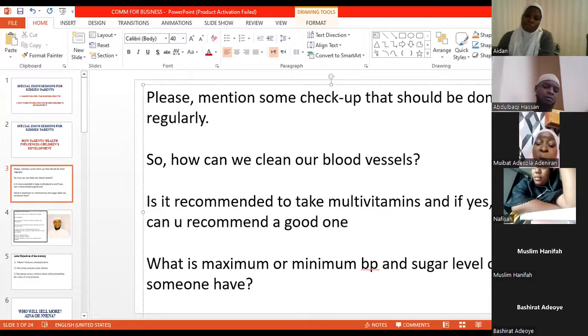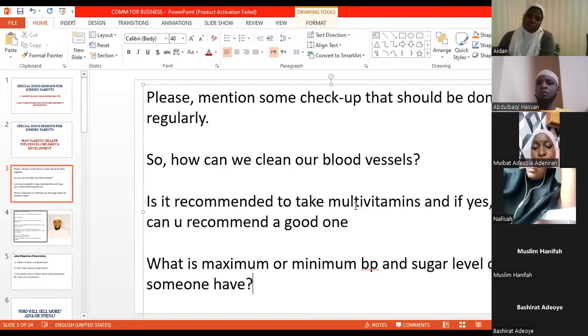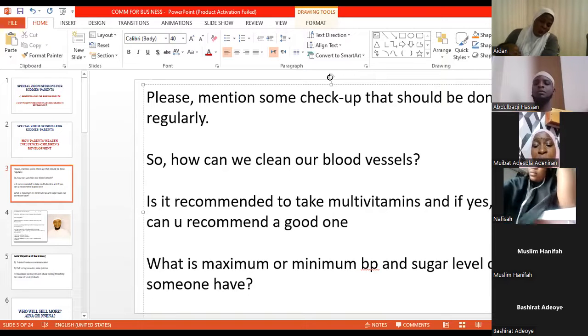Younger people have lower blood pressure than the older people. But the minimum is like 90/60, it's usually two values. The upper, which is the systolic, and the lower, which is the diastolic. So we have 90/60. That's the minimum.